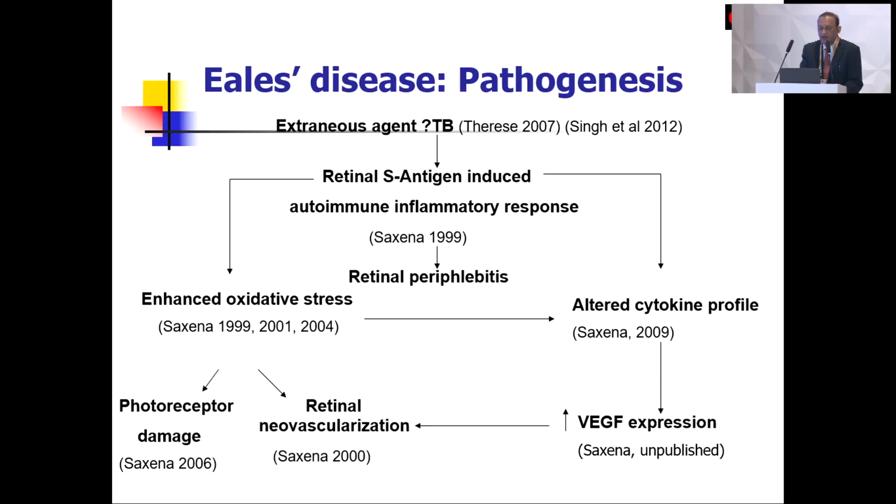There is an enhanced oxidative stress associated with Eales, and also an associated cytokine profile change. All these things culminate in photoreceptor damage and retinal neovascularization, which results from an increase in VEGF expression.